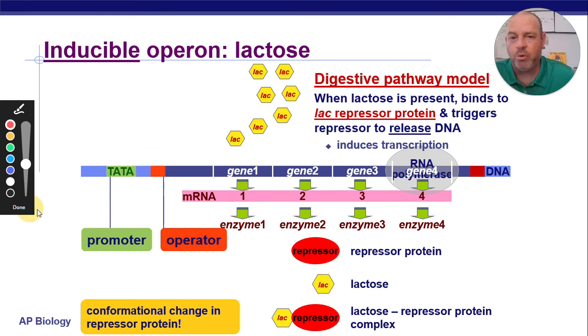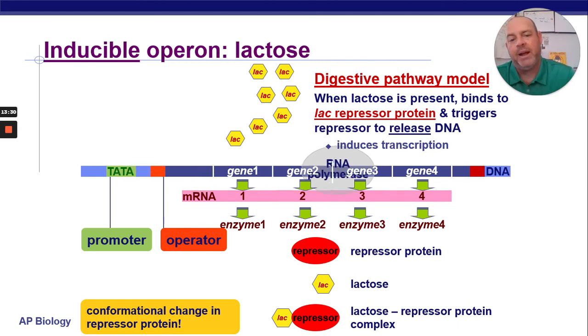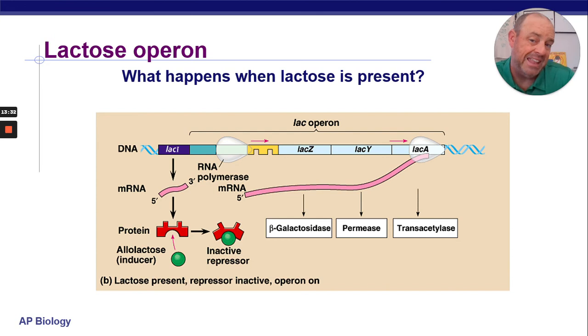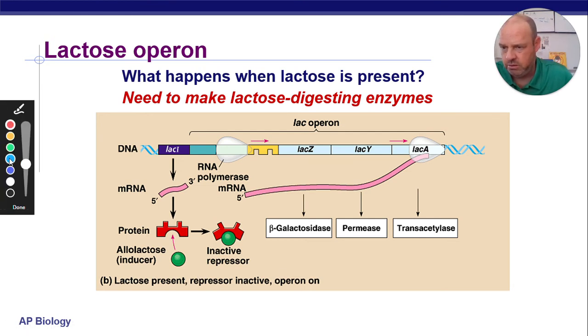Lactose isn't needed anymore once it's digested. We don't need the enzymes anymore, and the repressor will go back on and it will sit there again until it runs into lactose, right? So if we run into lactose, we need those lactose digesting enzymes, and so the molecule here is going to cause the conformational change, right?